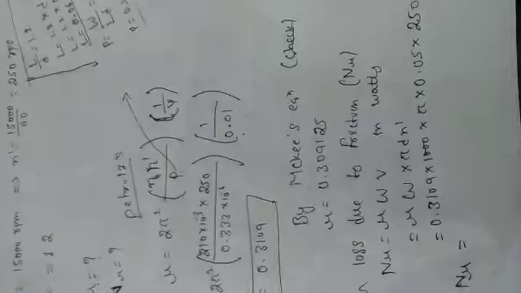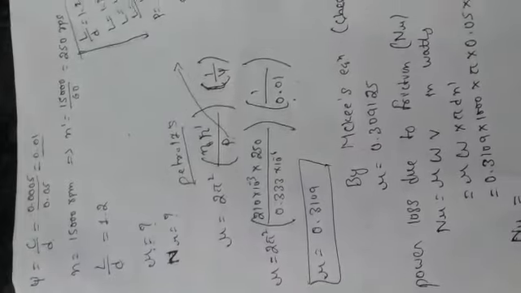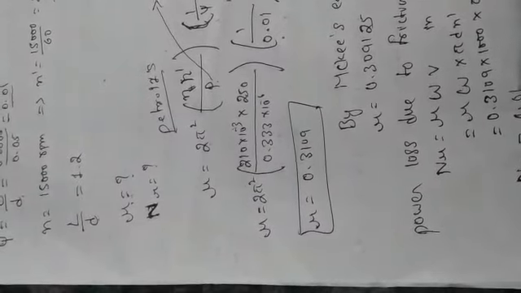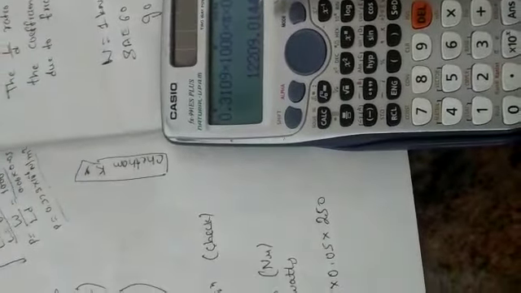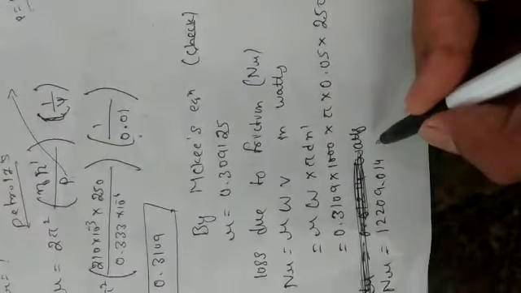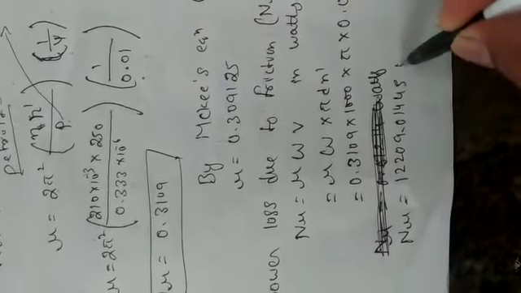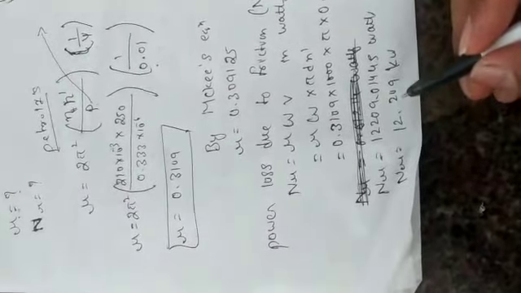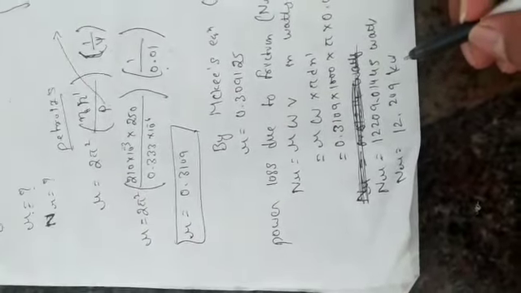After the calculation the answer is in watts, 12209.0145 watts. Converted to kilowatts by dividing by 1000, it is 12.209 kilowatt. Thank you.